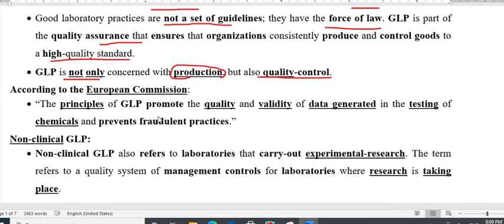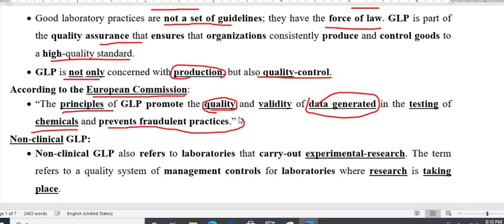Now we have to go through what the European Commission has stated about the GLP. According to the European Commission, under the principle of GLP, it promotes quality, very important. It promotes quality and the validity of data that is generated in the lab about the chemical, and therefore it checks fraudulent practices.